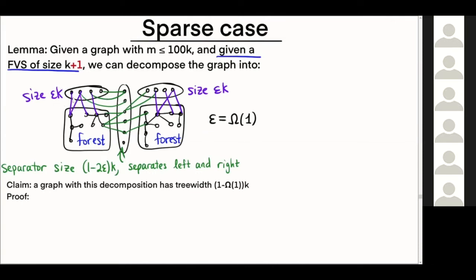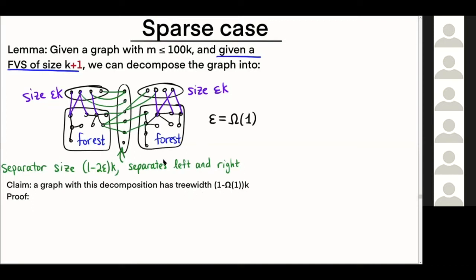And if we delete those vertices, then we get a forest. So essentially each side of the graph has a feedback vertex set of size epsilon times k, and the middle has size (1 - 2 epsilon) times k. And this 2 is significant. We want to compare this 2 epsilon versus this epsilon here. The fact that they're bounded away from each other gives us this boost of (1 - epsilon) times k for the tree width.